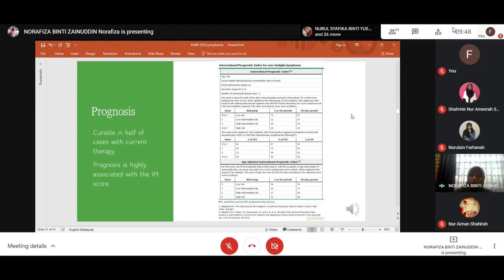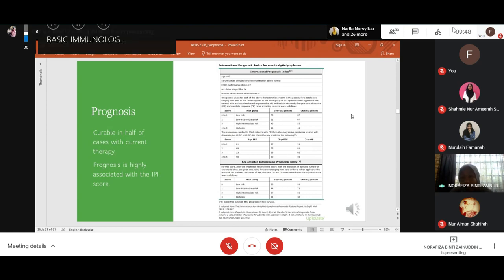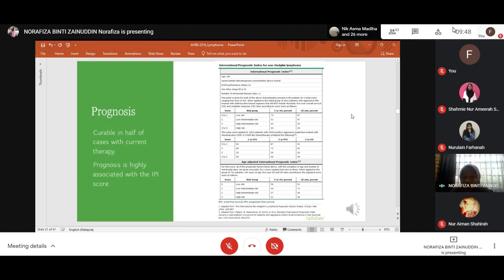Okay, so the score is given according to numbers like here. 0 to 1 is considered as low risk group. Okay, the 5-year overall survival is 73%, and also for the score 0 to 1, the 3-year EFS, sorry, I forgot about this.